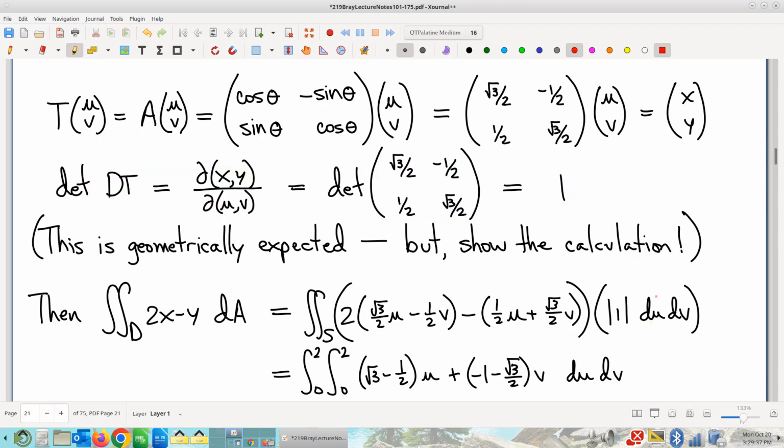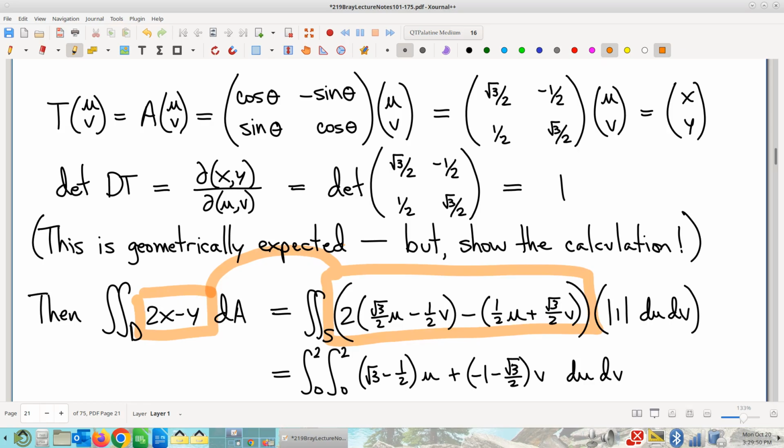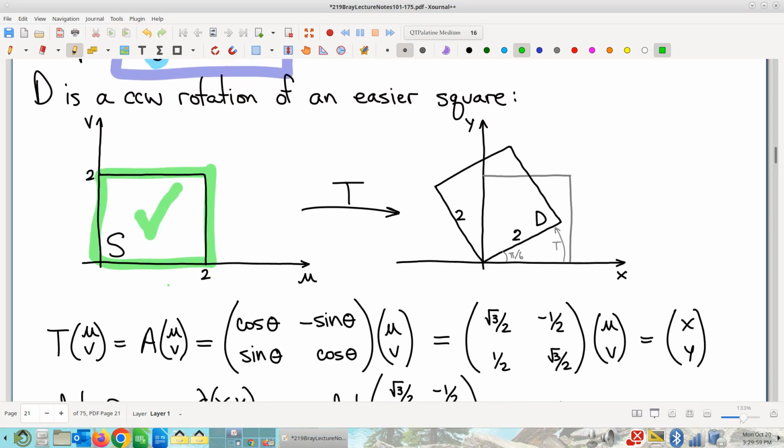Let's see here. We have to plug in our integrand 2x minus y. I have to see how does that become this. And, well, what do I do with this x? How do I know where x comes from? Keep in mind, x is one of the outputs.